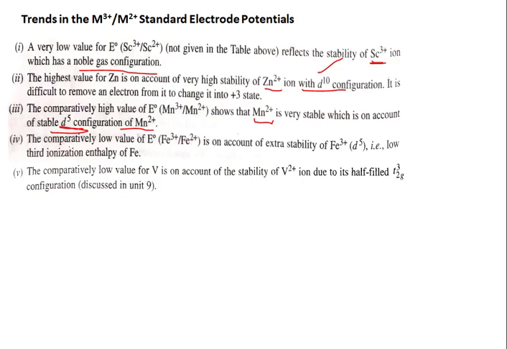Okay, comparatively low values for Fe3+ to Fe2+ show extra stability of Fe3+ because it will acquire d5 electronic configuration. Then for vanadium, V2+ ion is stable due to its half-filled t2g3. This is as per CFT, crystal field theory. Okay, so these are the trends to remember.